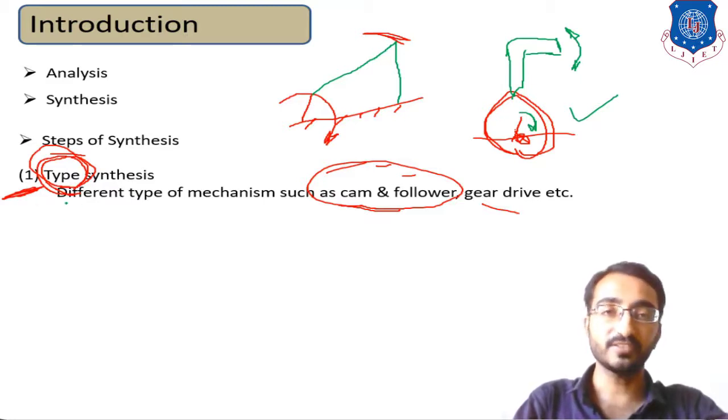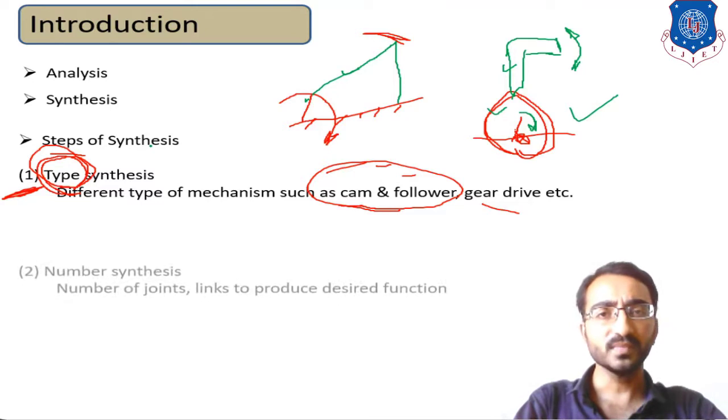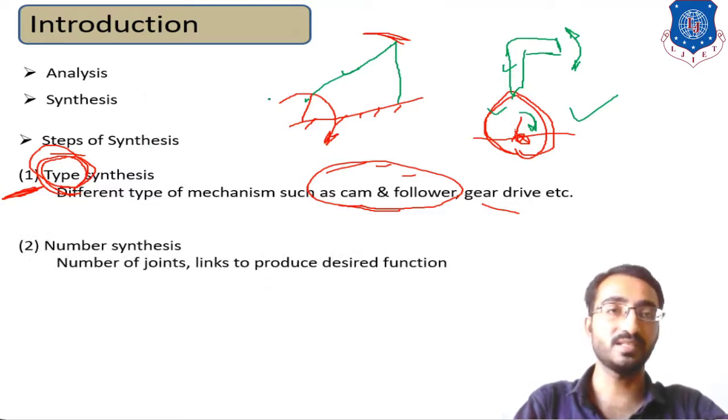Okay, now after identifying that I will use either a cam and follower or this type of mechanism, the second step is to identify how many links you are connecting and how many joints you are using. Either you are achieving this desired output by using only 2 links, 4 links, or 6 links.